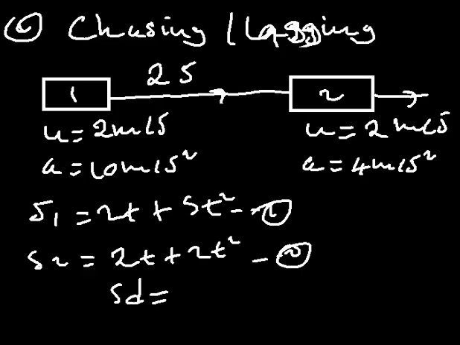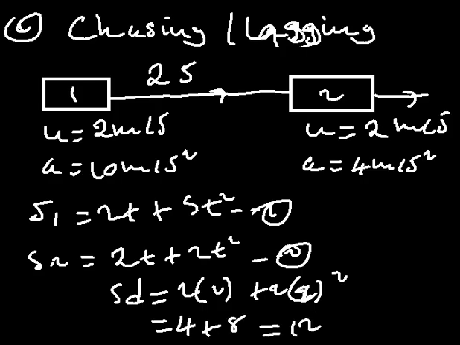And what is the separation distance, SD? The separation distance is obtained upon substituting the time given into the displacement equation for object 2, the object which is ahead. So have it as 2 times 2 plus 2 times 2 to the power 2. That is 4 plus 8, which gives 12. So the distance corresponding to 2 seconds is 12 meters.